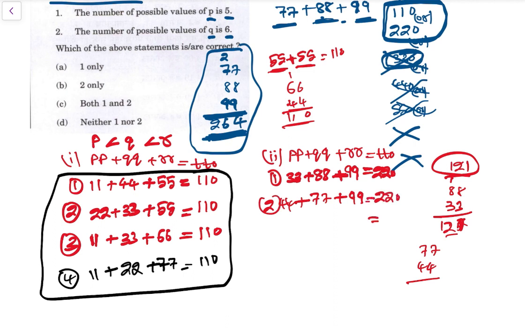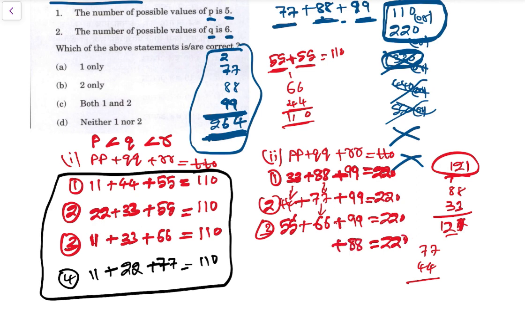Then with 99 again, 99 plus 66 plus 55, okay. 10 is decreasing here, 10 is increasing, so like that we can carry on. Then 220 is again possible, 3 possibilities. Then 220 with 88, we can check.